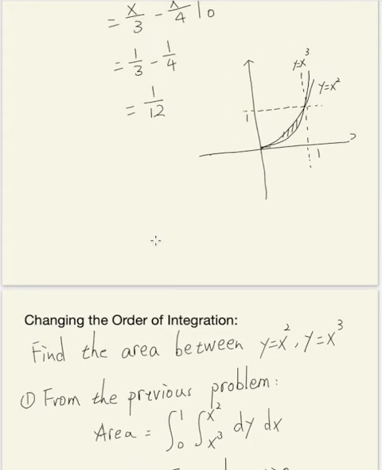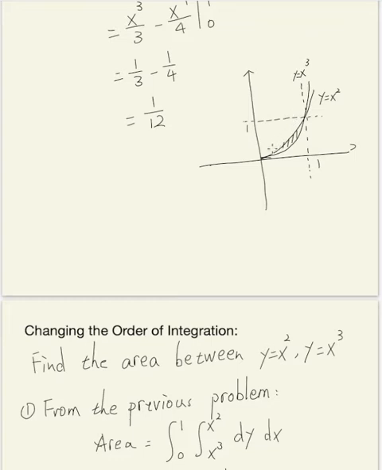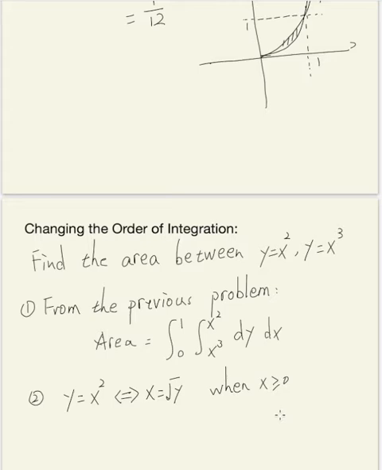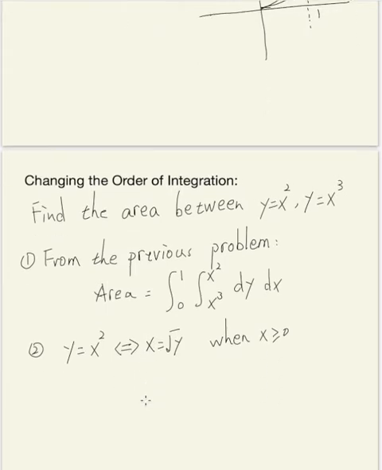Because we've already computed the points of intersection, which have the coordinates 0 and 1, we are only concerned with the interval between 0 and 1, which means non-negativity for x and gives us the equation x equals square root of y.